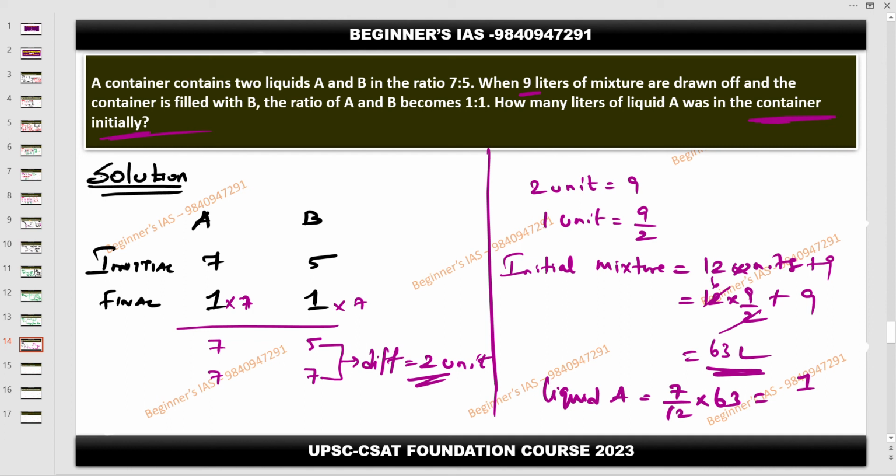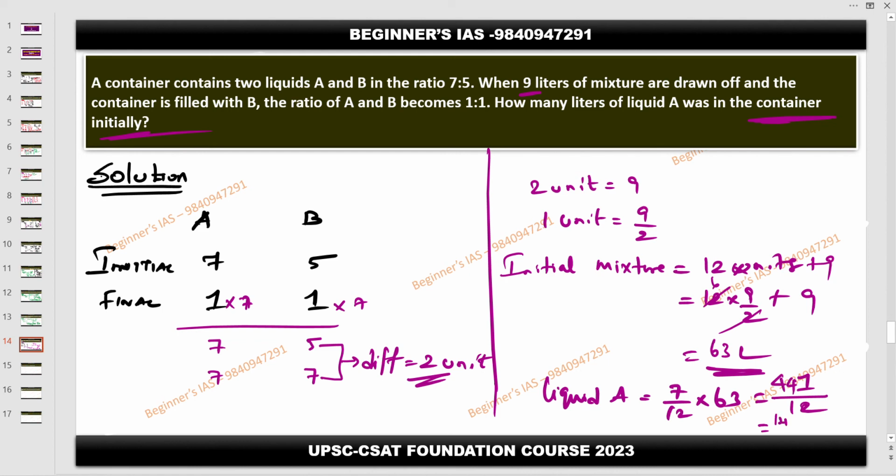So now what will be the answer for this one? 21, 42, 441, right? Yes, sir. 441 by 12. So then you can give it with respect to the decimal, or else you can give it as a mixed fraction also. Sir, 147 by 4.